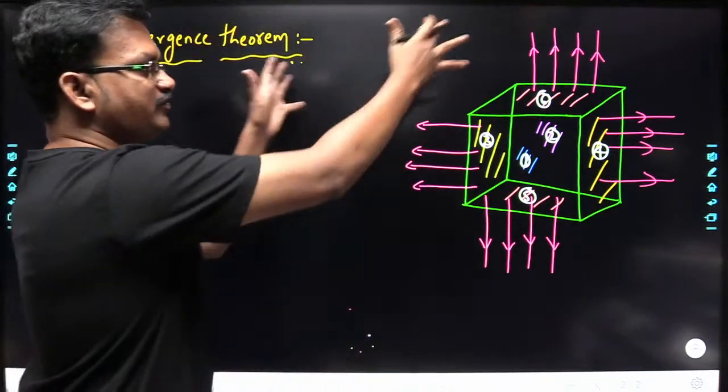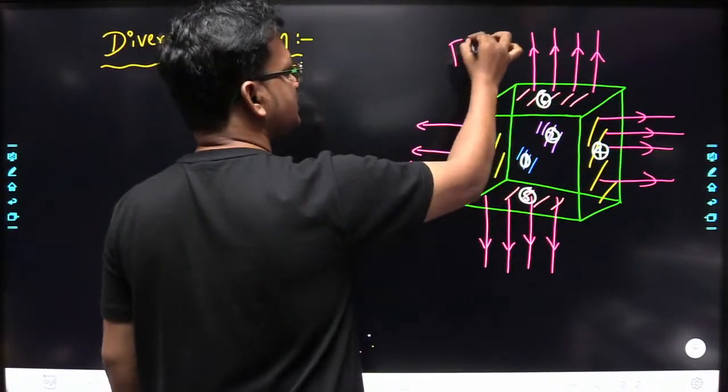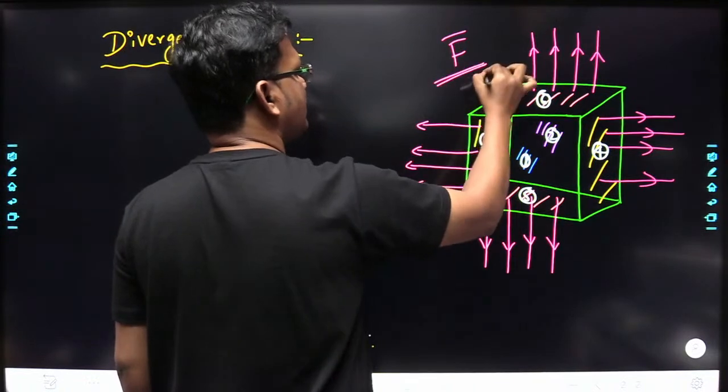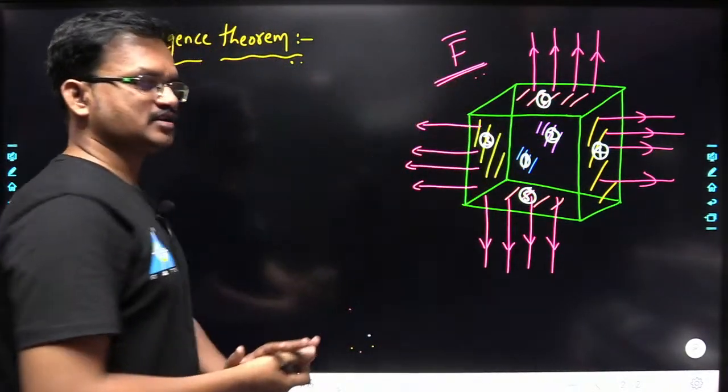So the vector field that is leaving this closed surface is nothing but F bar.